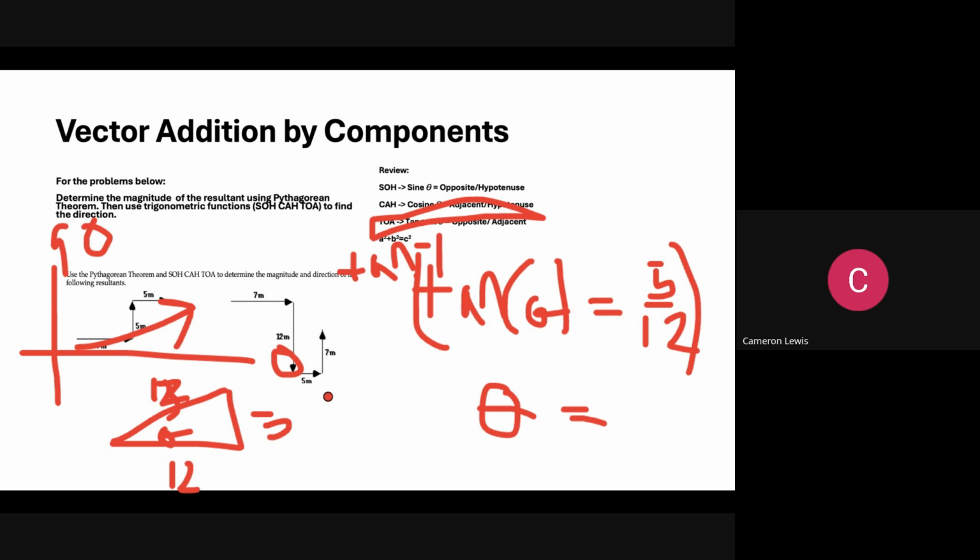So do 5 over 12 and then take the tan inverse of that on your phones. Yeah, 23. Okay. So now let me erase all of this.